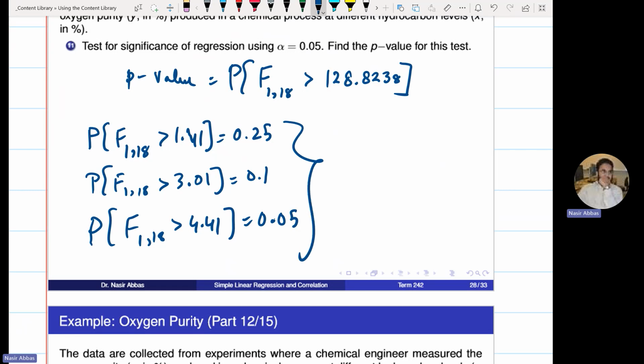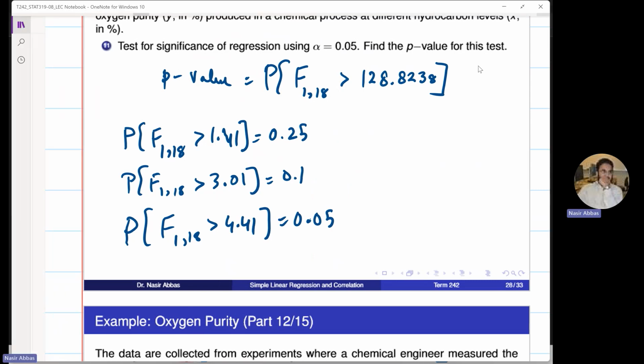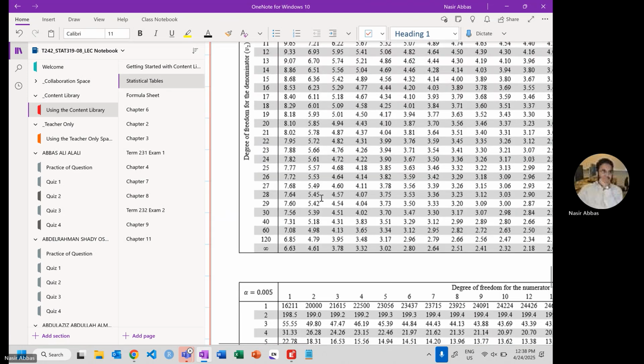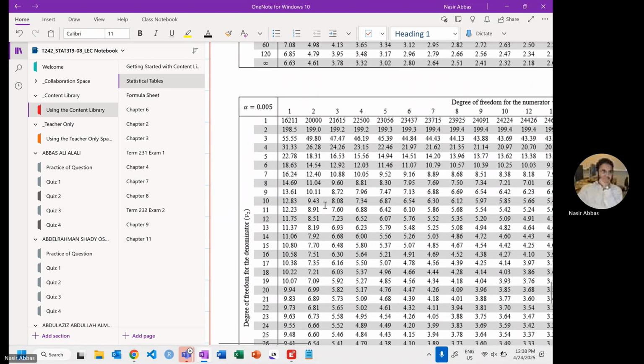Now look at the 3 of them. Let me continue. Last one. What is the value? 10.22.